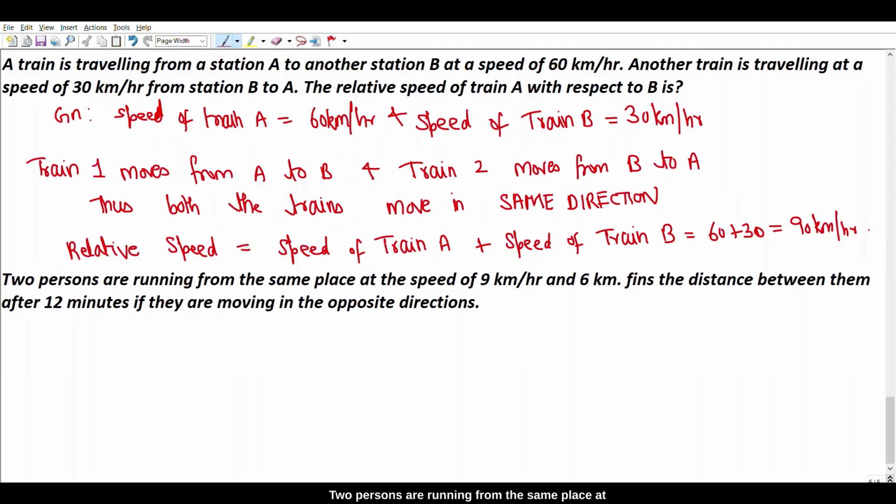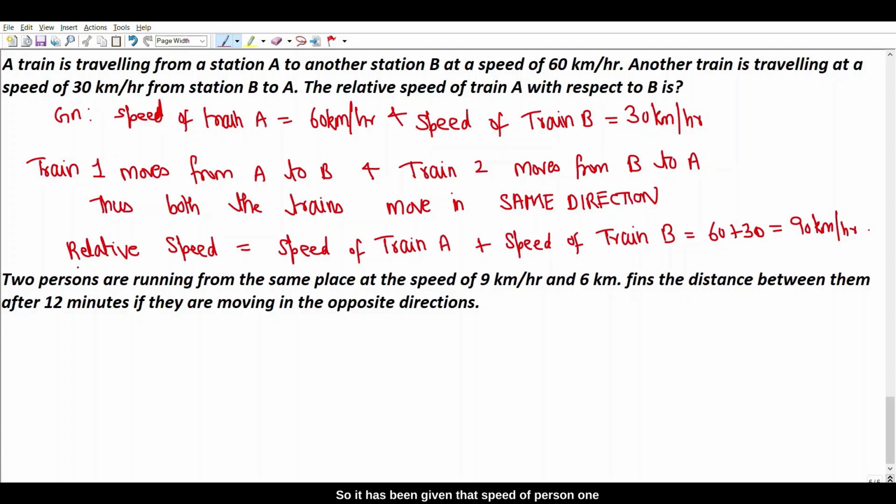Two persons are running from the same place at the speed of 9 km per hour and 6 km per hour. Find the distance between them after 12 minutes if they are moving in the opposite directions.